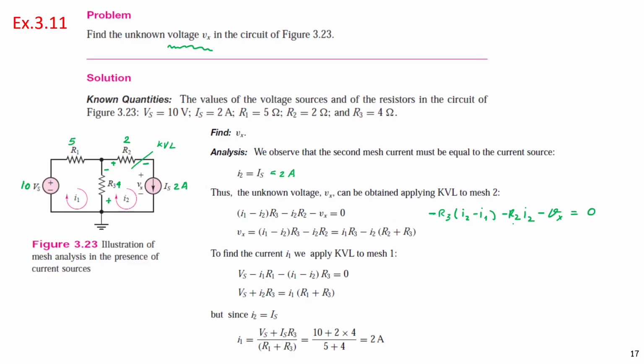Same equation here. If we know I1 and I2, we get Vx. But we know only I2 now, which is 2 amp, so we try to solve for I1 first.